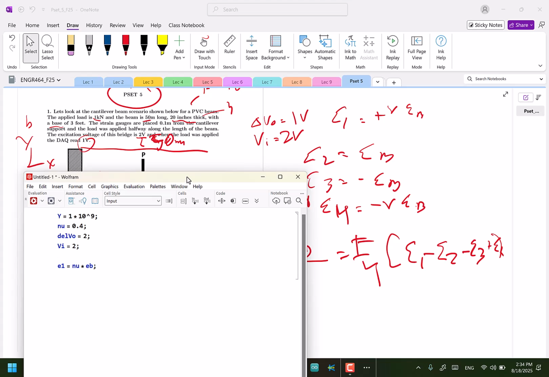So my strain of bending is going to be equal to 6 times the load, P, divided by Young's modulus times base times height squared. There we go. For that cantilever beam, actually times D, the distance.